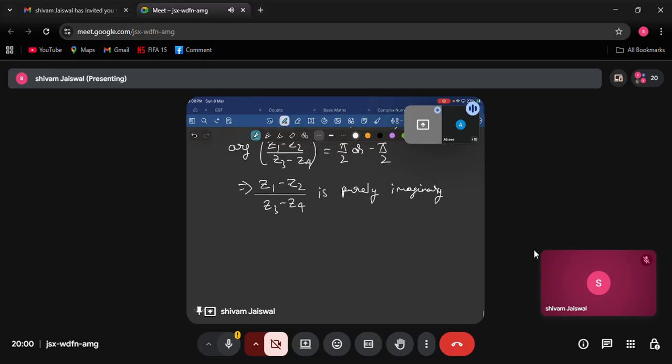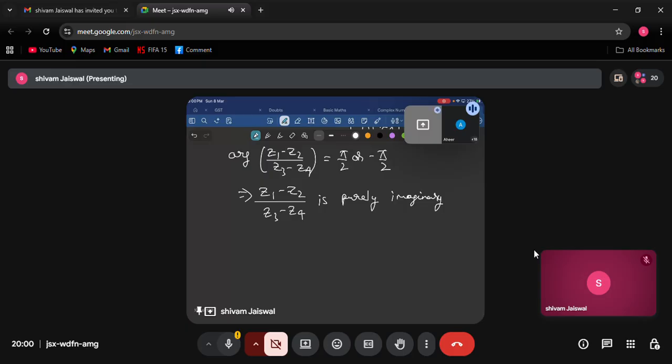Okay, so see, if a complex number is purely imaginary, Z will be equal to minus Z bar. Yes or no? Tell me everyone. If Z is purely imaginary, then Z will be equal to minus Z bar, right? Think about it. Let us say a purely imaginary number 2 iota. What will be its conjugate? Minus 2 iota.